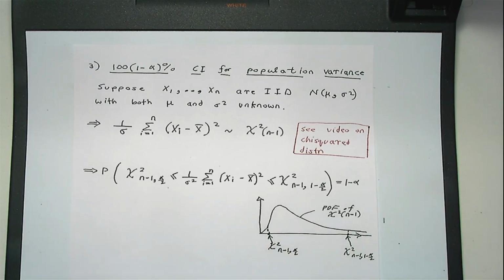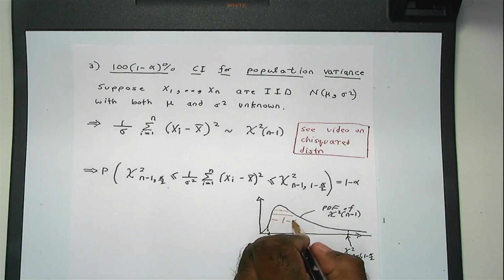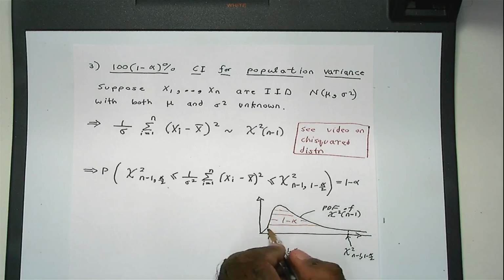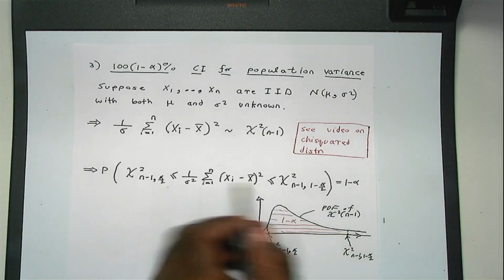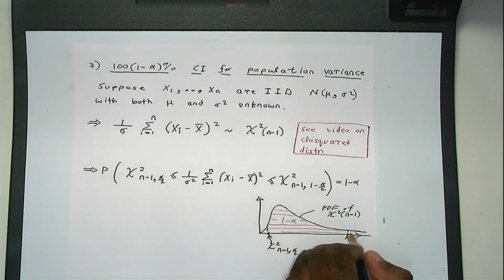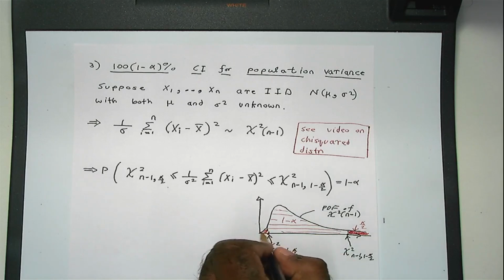Because of the way they are chosen, the area between these two must be 1 minus alpha. That's what I have said here, that the area between these two must be 1 minus alpha, and the area over here must be alpha by 2, and the area over here must be alpha by 2.